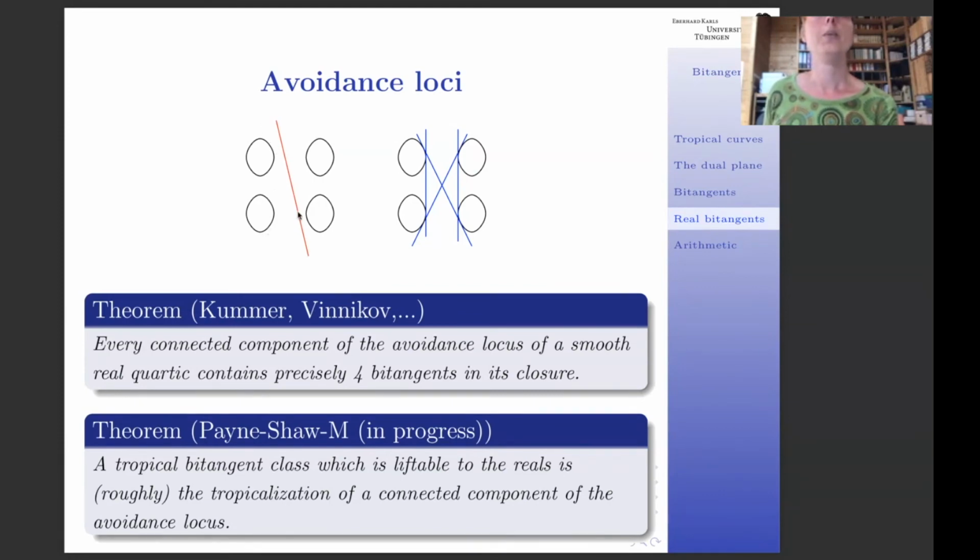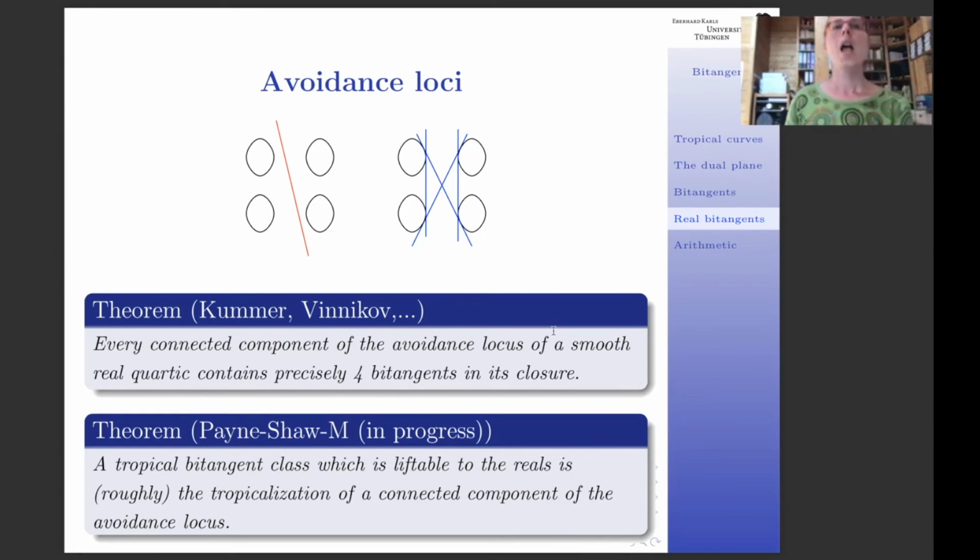Or we could move it like that. You see those 4 blue lines that I've drawn here. These are the 4 bitangents which are in the closure of the connected component of the avoidance locus given by this red line. I think this picture is very convincing. I hope that you can all see it in this sketch, so that you have a reason to believe that this theory holds.